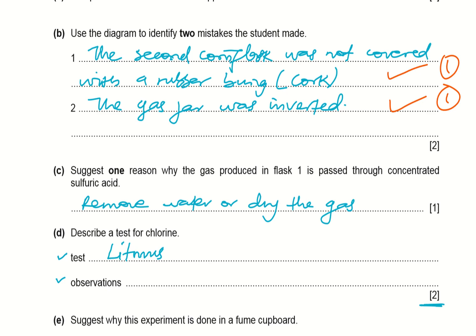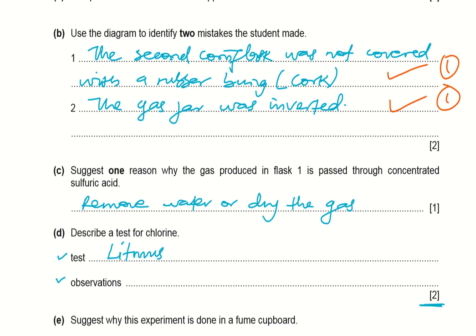So if you use blue litmus paper, chlorine gas is slightly acidic in nature. So what chlorine will do to the litmus paper is that it's going to turn it slightly red, then it bleaches the litmus paper.